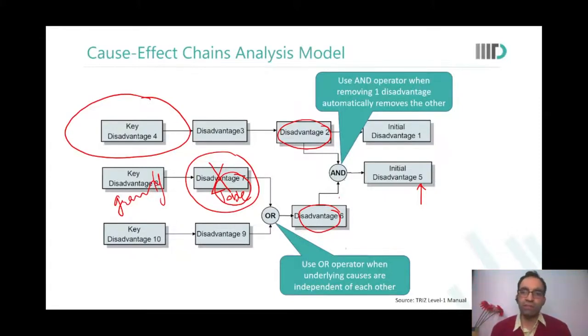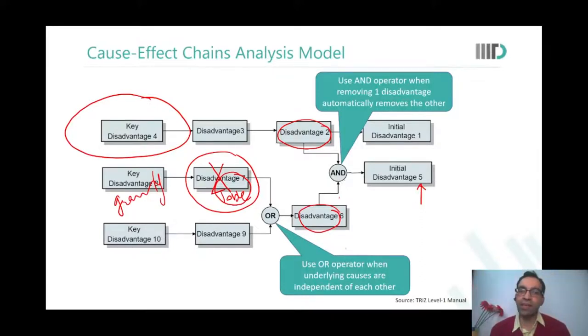If I go to a zero gravity situation, I will be able to jump 7 meters. Am I right? Then I will not need a trampoline. Yes. But I cannot remove gravity from Earth. The setting that I am in, this key disadvantage, I cannot remove. So what do we do? Let me work on some other disadvantage.